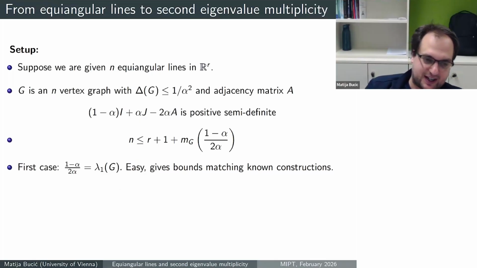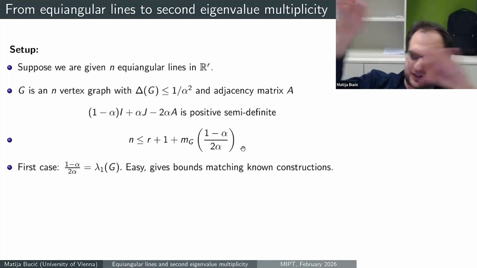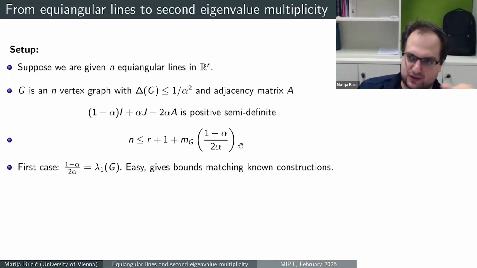So once you have this, you can actually go back and build a construction. It's not completely obvious, but you can do it in the geometric world as well. And this is exactly where Boris's conjecture is coming from and those expressions that you saw before. If you plug in, instead of the expression on the right here, (1 minus alpha) over 2 alpha, plus n over ((1 minus alpha) over 2 alpha plus 1), so n over (lambda 1 plus 1), and you shuffle stuff left and right, you'll get precisely the bounds that we saw before, except I'm lying to you by 2, because this plus 1 should be a minus 1.